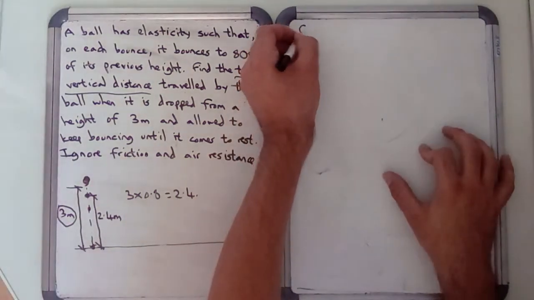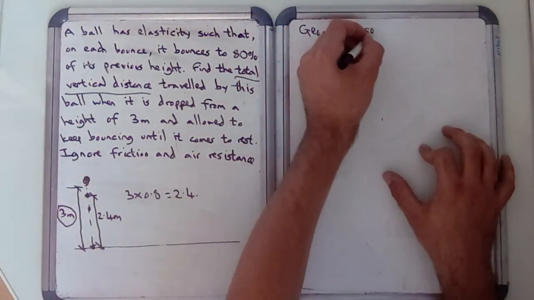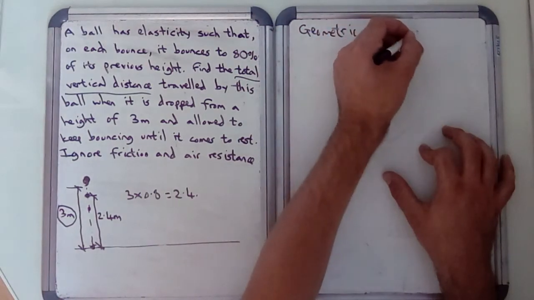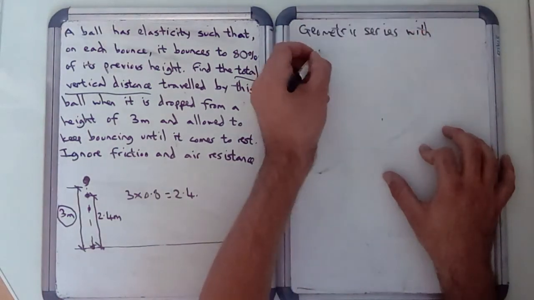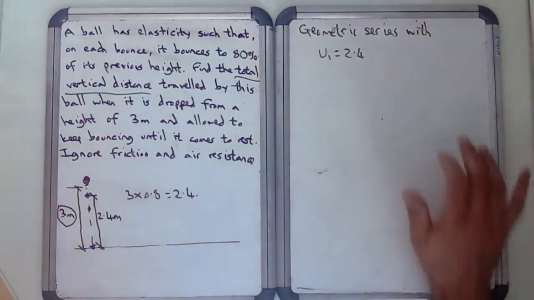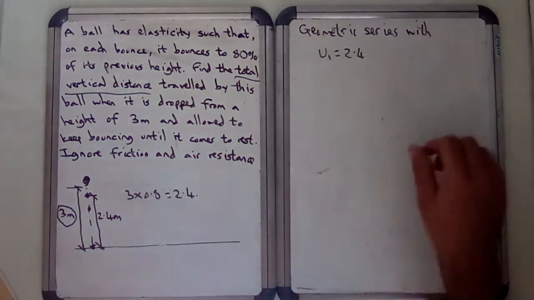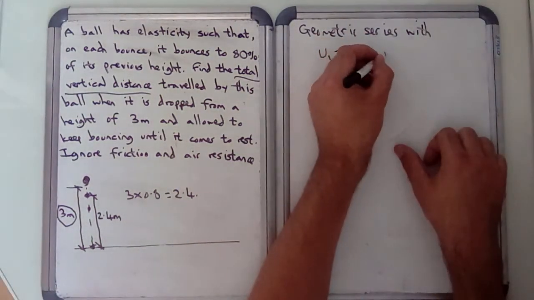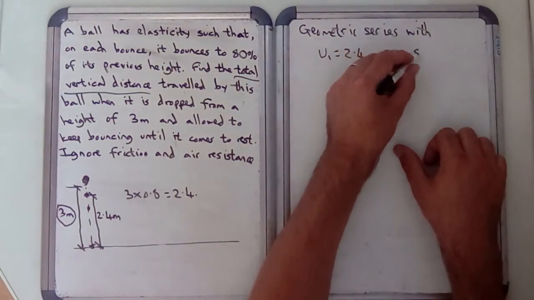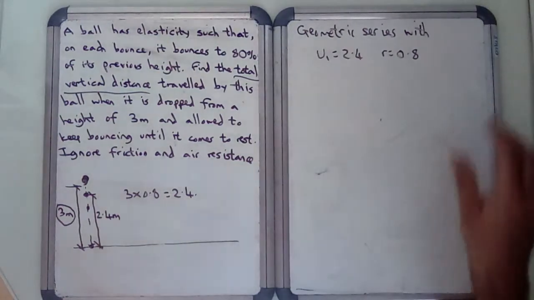So this is a geometric series with u1 equals 2.4 for reasons I've just mentioned. I'm going to treat the 3 separately, and everything else I'm going to have to double, so I'm going to put them all together. So u1 equals 2.4 and r equals 0.8, as in the multiplier that finds 80% of the previous value.